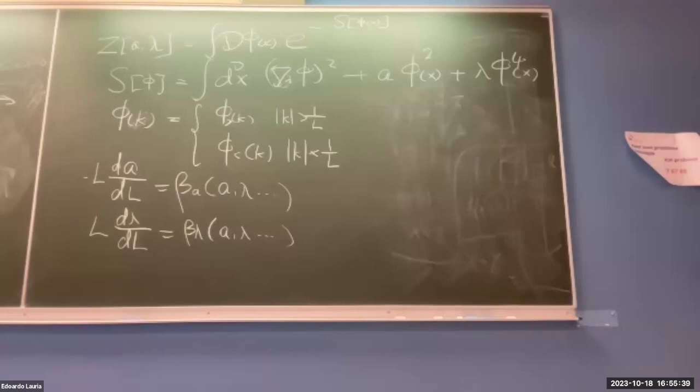It doesn't always make sense, but this limit already tells us a lot, and my goal is to classify all the fixed points in this 4 minus epsilon expansion, and therefore to get a feeling about the landscape of CFTs.